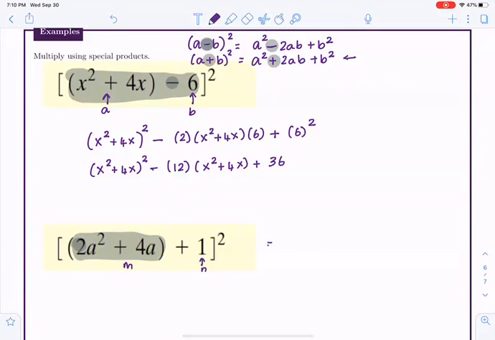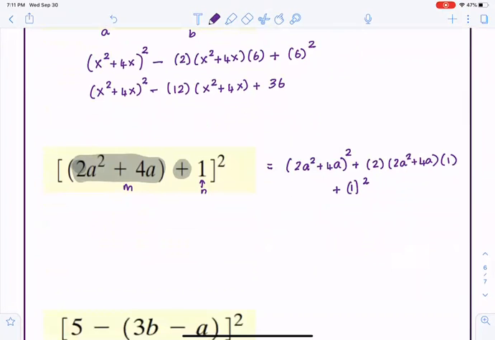The formula states I have to square the first term, which is (2A squared plus 4A) squared, plus, because there is a plus sign in the middle, 2 multiplied by the first term, which is 2A squared plus 4A, multiplied by the second term, which is N, 1, plus N squared, which is 1 squared.